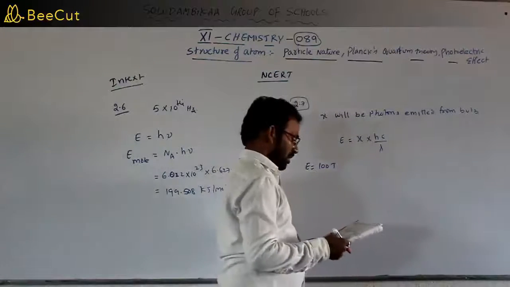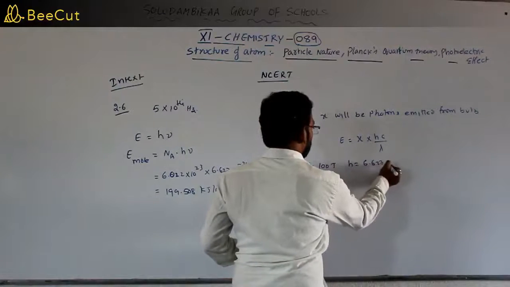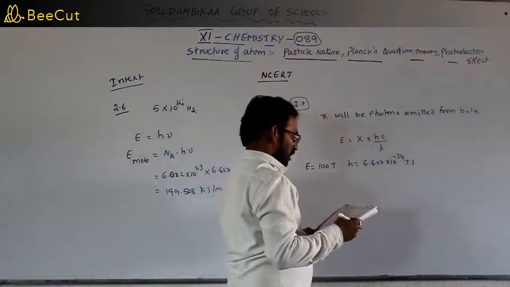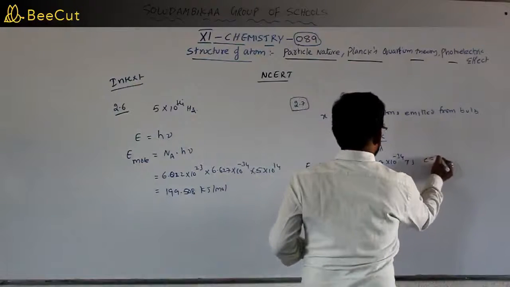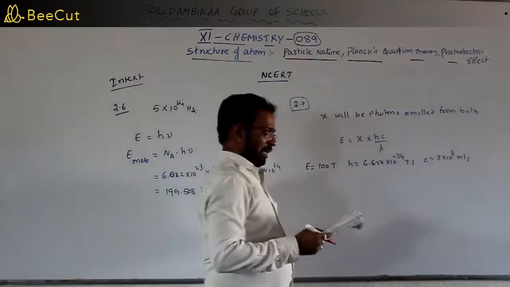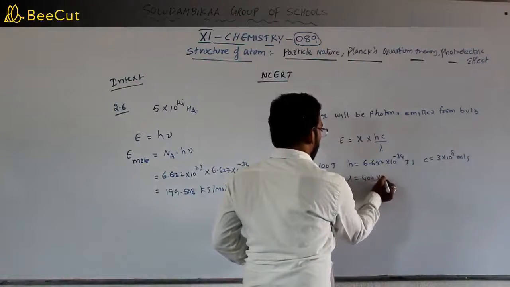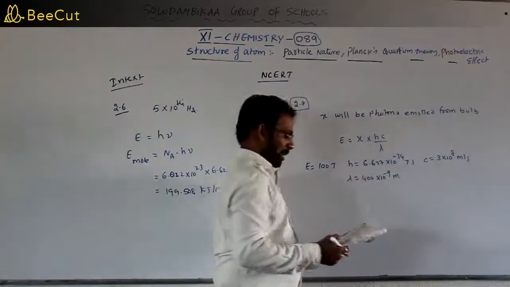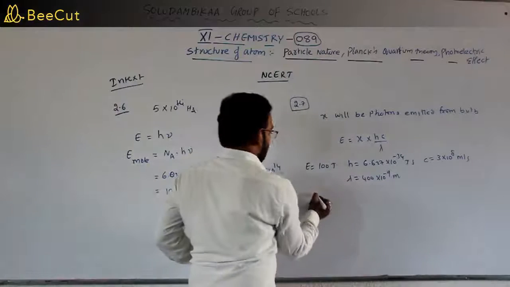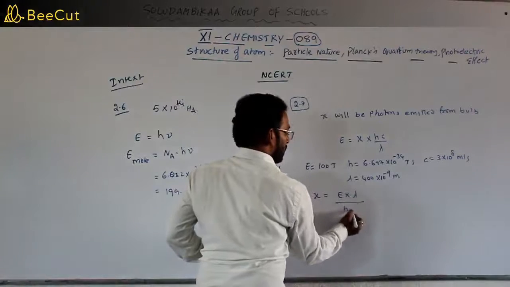Next, h we know is 6.627 into 10 to the power of minus 34 joule second, and c, the velocity of light, is 3 into 10 power 8 meters per second, and lambda is 400 nanometers, that is 400 into 10 power minus 9 meters. From that we can calculate the x value. x is equal to E into lambda by hc.